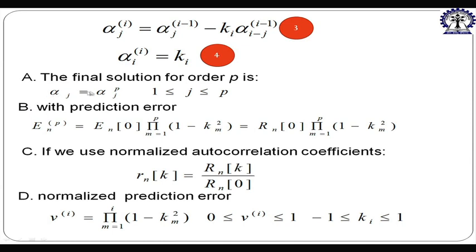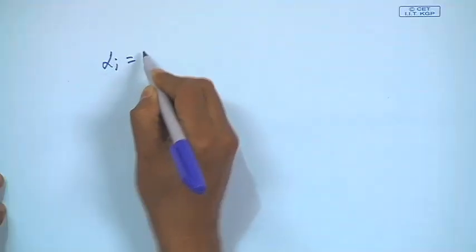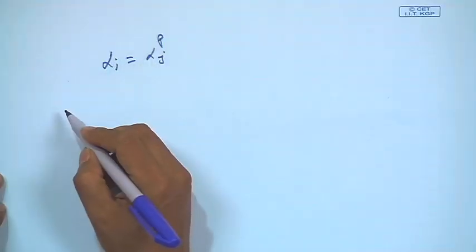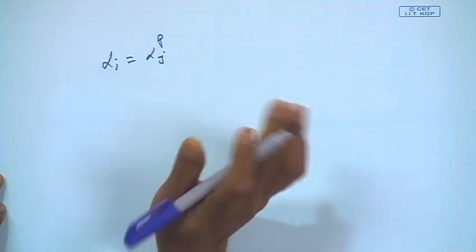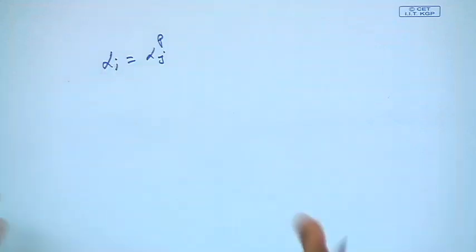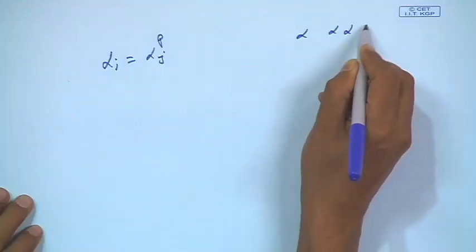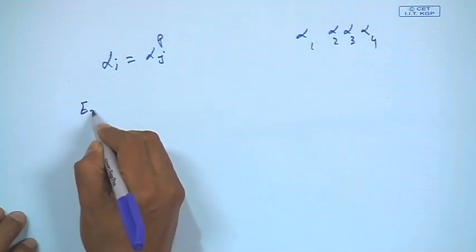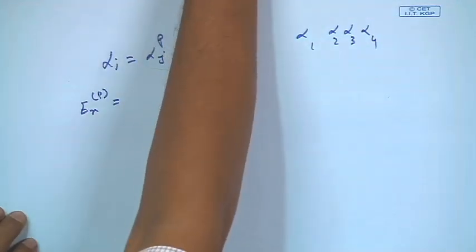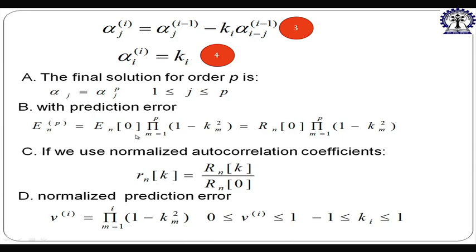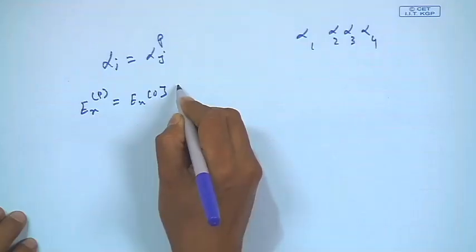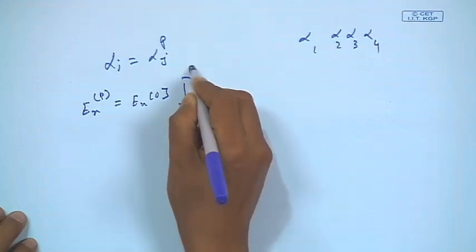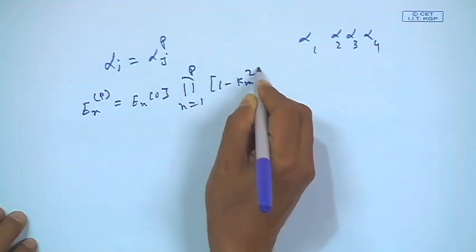So, the final solution for order P, if my LPC order is P, is alpha j equal to alpha j P. My alpha j P is the last, or optimal, set of alpha values: alpha 1, alpha 2, alpha 3, alpha 4, with a prediction error E n P equal to E n 0 times the product for m equal to 1 to P of 1 minus k m square.